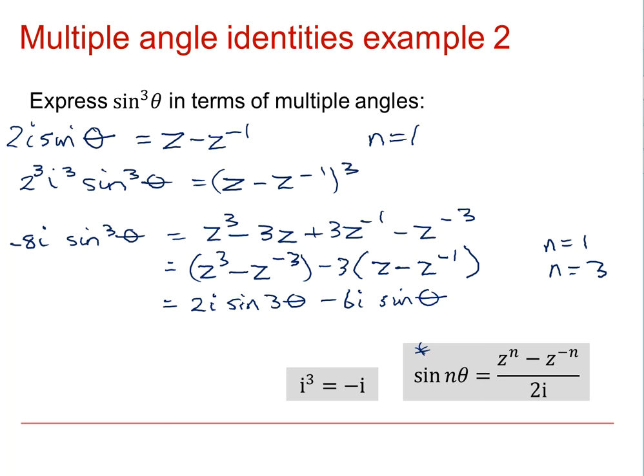Dividing by that minus 8i and rearranging then leads me to sine cubed theta equals 3 sine theta minus sine 3 theta over 4. And I have therefore expressed sine cubed theta in terms of multiple angles.